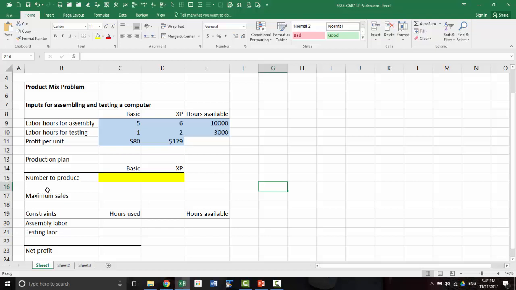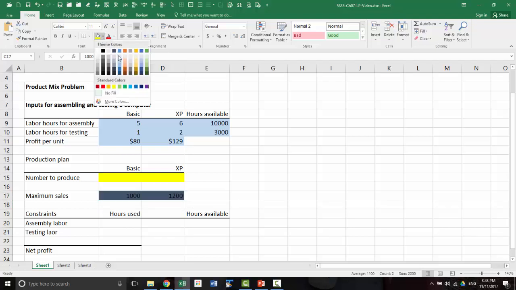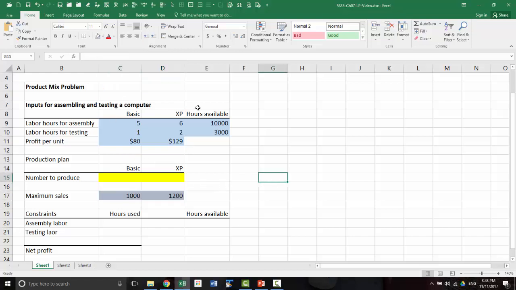What, 1,000 and 1,200, right? Okay. Now once again, this is input. These are numbers given to us. So I'm going to color code that. So you should be consistent in your color coding. You can't just use color coding for some input and then not for others. So I think I'm not getting the right blue here.